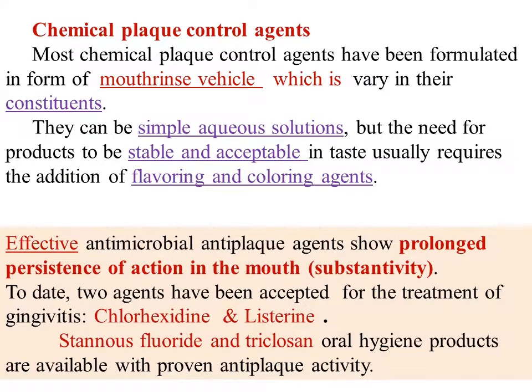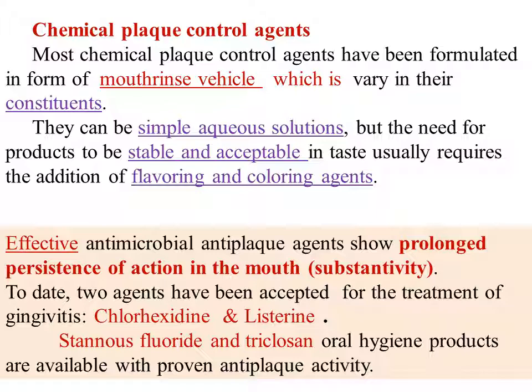Chemical plaque control agents. Most chemical plaque control agents have been formulated in the form of a mouth rinse vehicle, which varies in its constituents. They can be simple aqueous solutions, but the need for products to be stable and acceptable in taste usually requires the addition of flavoring and coloring agents.